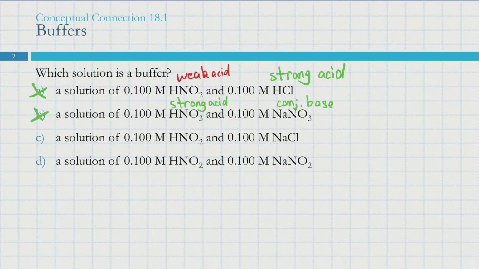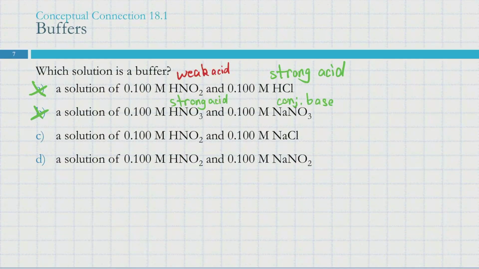Part of the reason is that the conjugate base for a strong acid is pH neutral, whereas the conjugate base for a weak acid is going to affect the pH of the solution. It has pH potential.